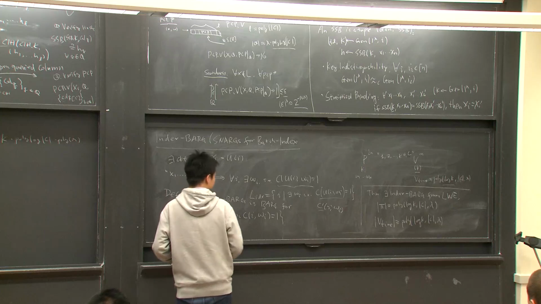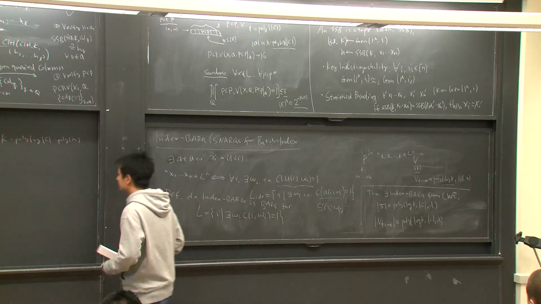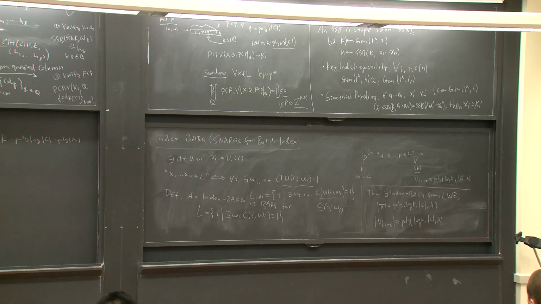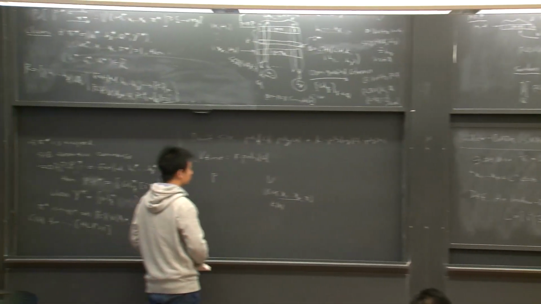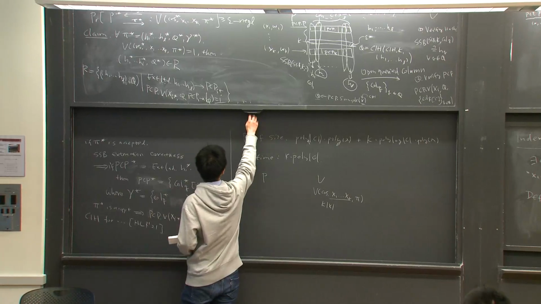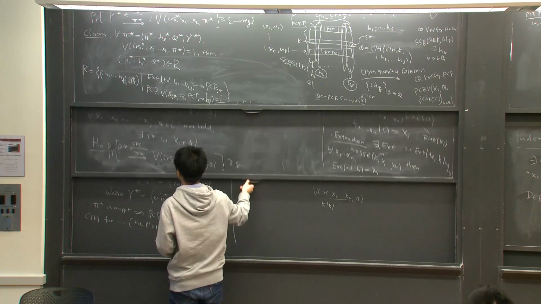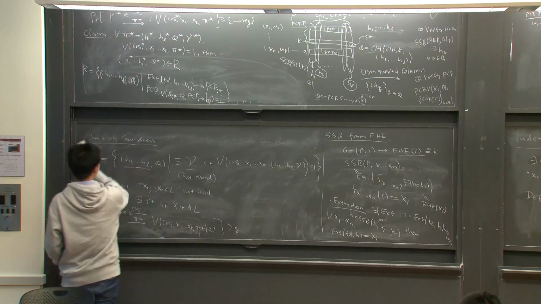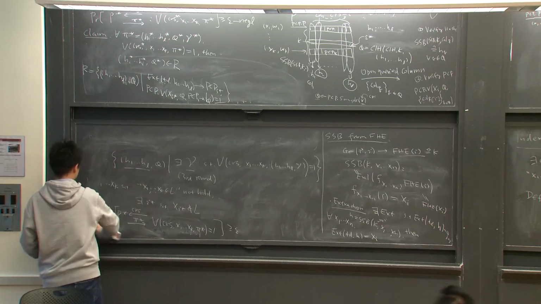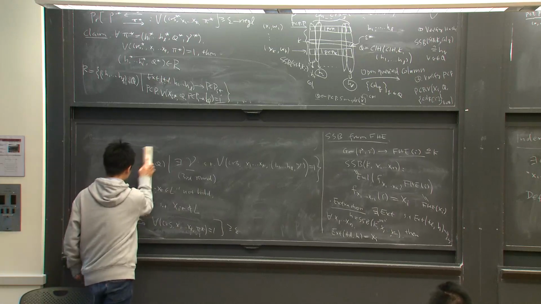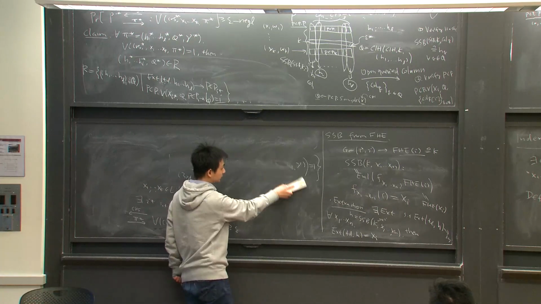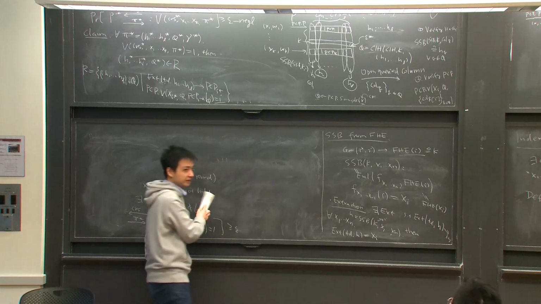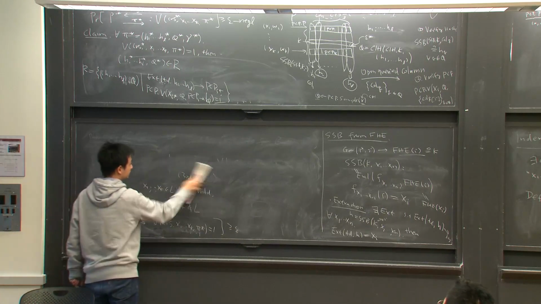Here I want to emphasize that if you know how to build this index BARG, then you can build BARGs with almost the same verification time and proof size.